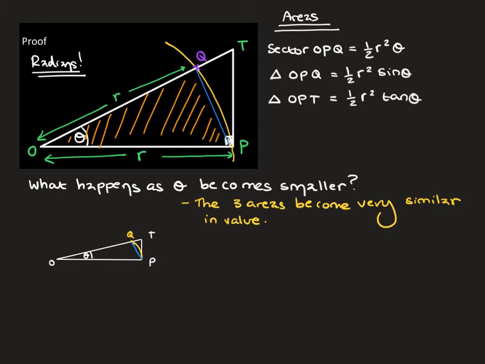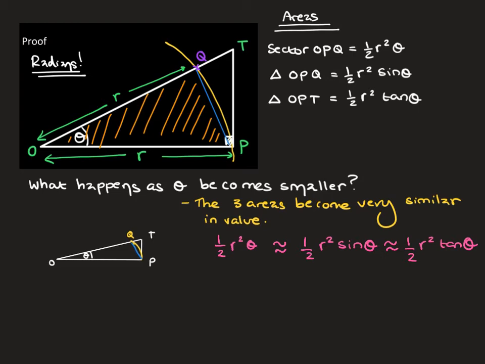So this means I can say that a half r squared theta, the area of the sector, is approximately the same as a half r squared sine theta, which is the area of triangle OPQ, and that's approximately the same as a half r squared tan theta, the area of the larger right angle triangle OPT.